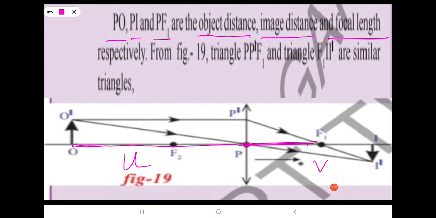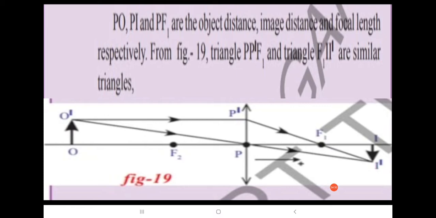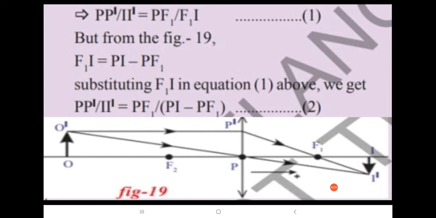From this we can see the triangles: here you can observe that triangle P dash F1 is one triangle, and the other is triangle F1 I dash. These are similar triangles here.